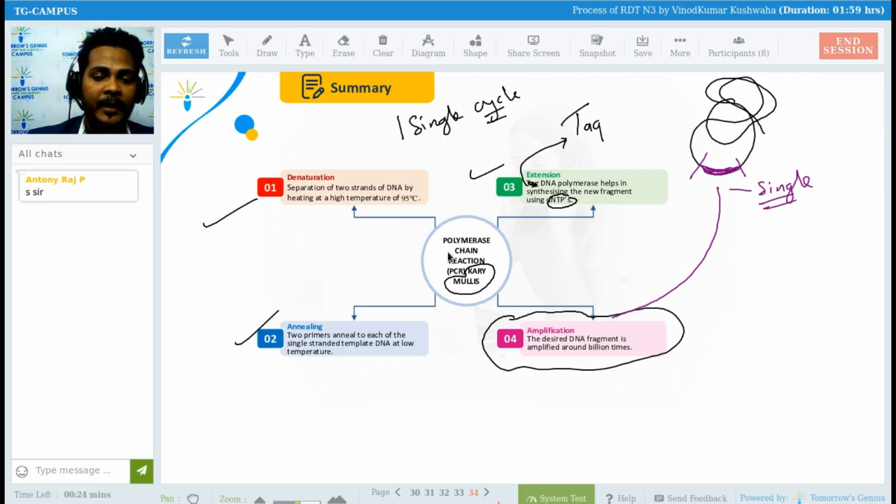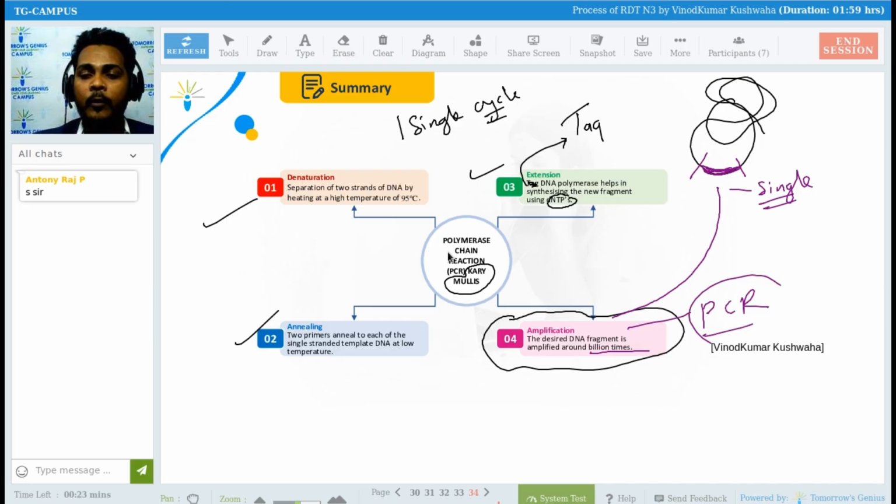So the desired DNA fragment is amplified around a billion times, meaning you can multiply your desired gene a billion times or n times. Suppose you want to multiply 200 times: from a single copy you can create multiple copies, with the process called amplification, by using the PCR technique.